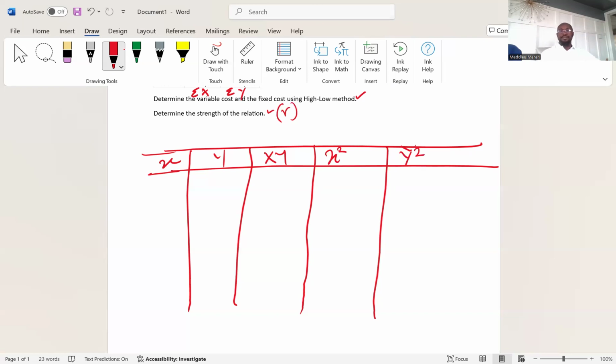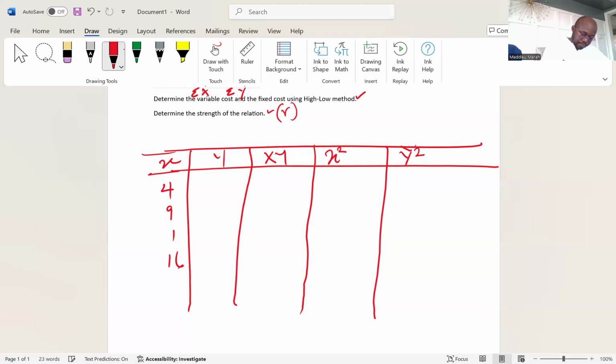I got a table. What are the values for x? For x, I have 4,000, I have 9,000. To avoid a lot of work, I will kill 3 zeros. So instead of 4,000, I have 4. Instead of 9,000, I have 9. Instead of 1,000, I have 1.